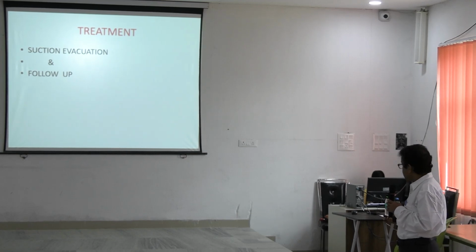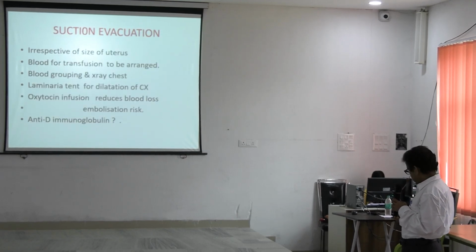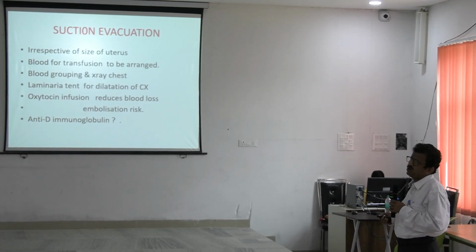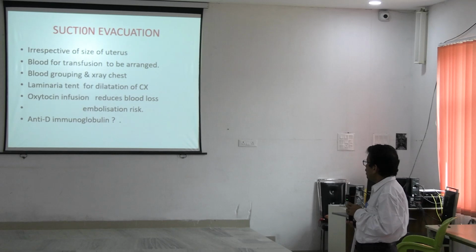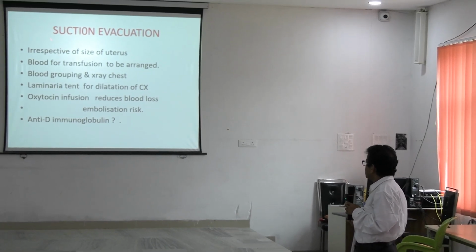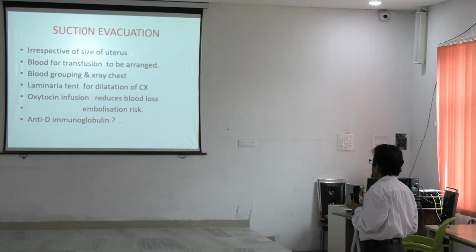That is the treatment. And evacuation should be done irrespective of the size of the uterus. Suppose a mole of 34-week size, just below the xiphisternum, still you have to go for evacuation.